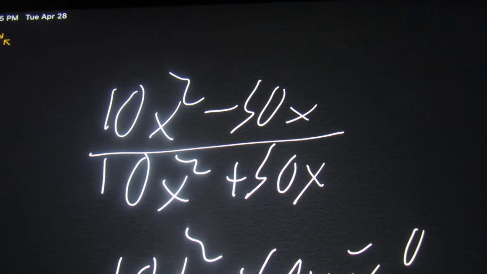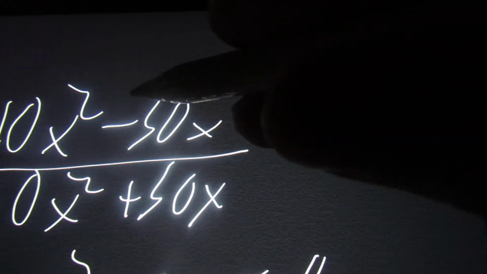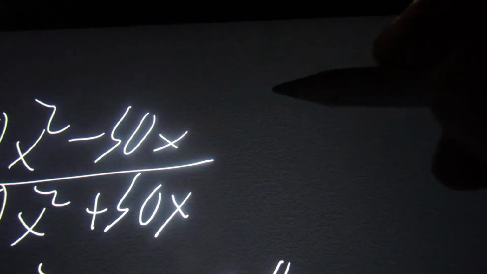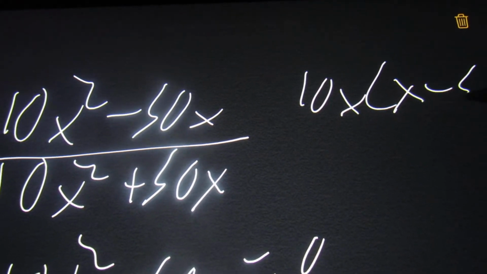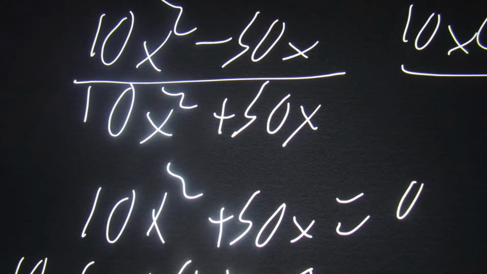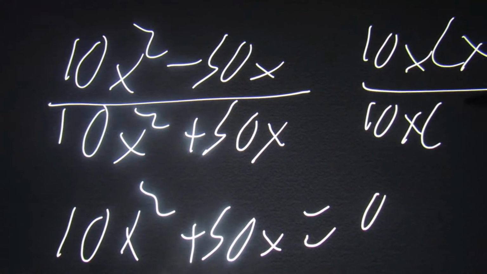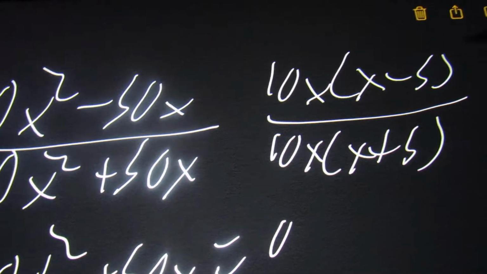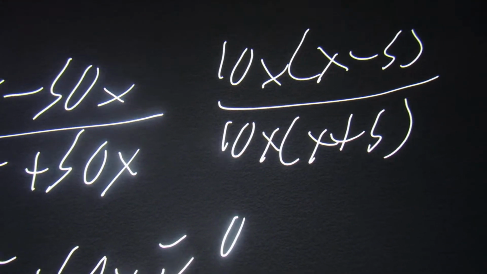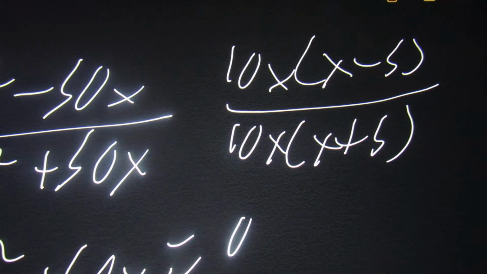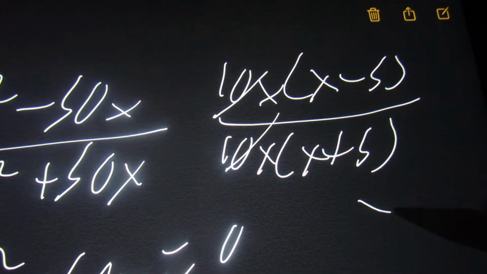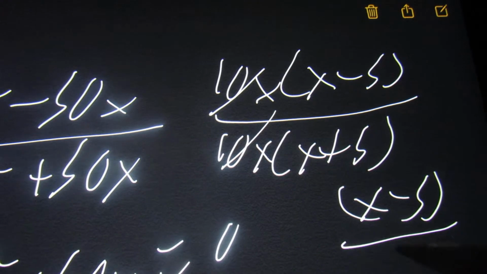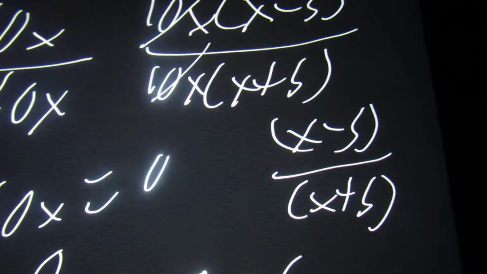You have to factor first. So, on the top, we can factor out a 10x, and we're left with x minus 5. On the bottom, we can factor out a 10x, and we're left with x plus 5. And now we see we have 10x on both the top and bottom, so those will divide out, and we're left with x minus 5 over x plus 5.